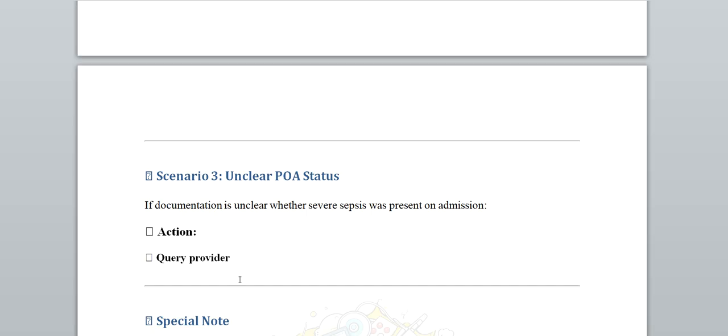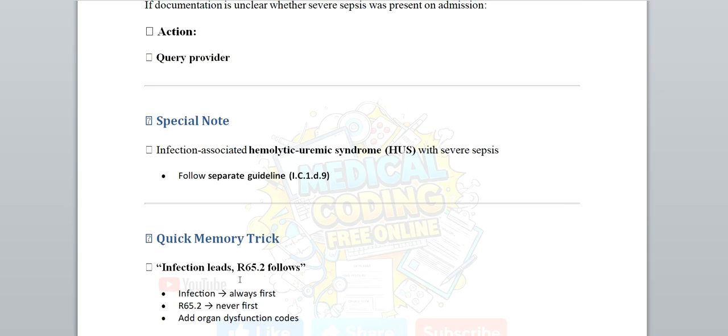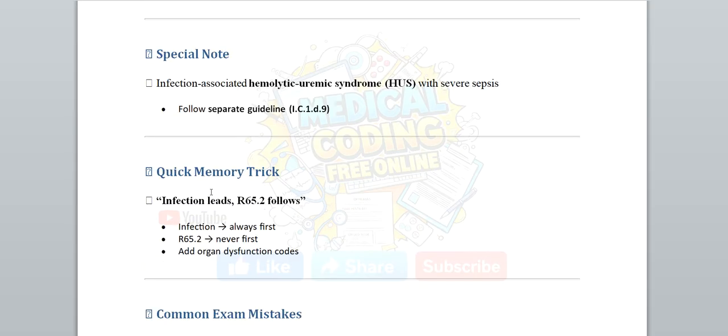So, unclear POA status: if documentation is unclear whether severe sepsis was present on admission, query the provider. Special note: infection associated hemolytic uremic syndrome, HUS, with severe sepsis follows separate guidelines.